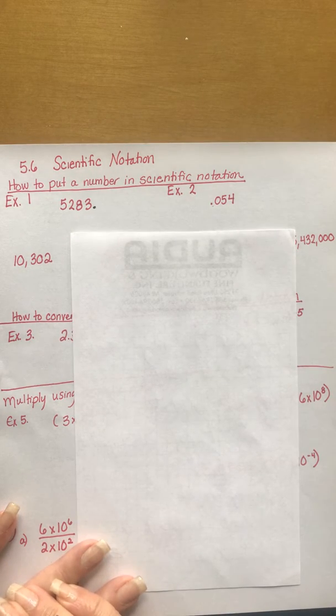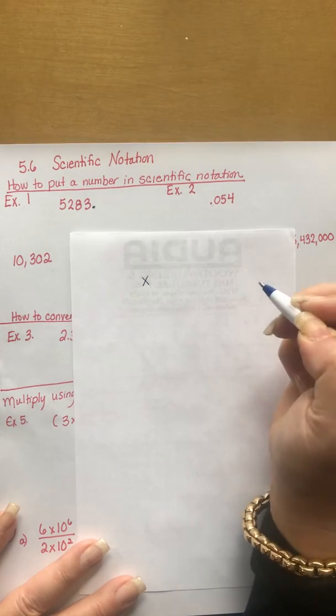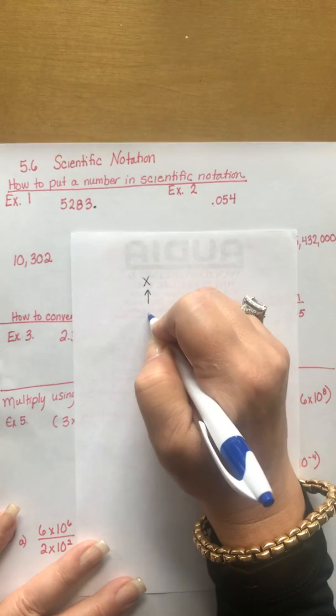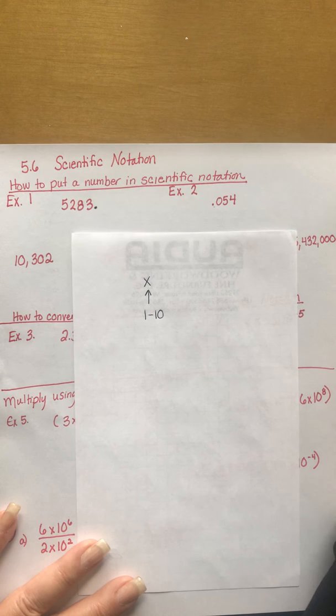So now, putting a number in scientific notation consists of 2 parts. You have a number, we'll call it x, and this number has to be between 1 and 10. It has to be greater than 1, but less than 10.